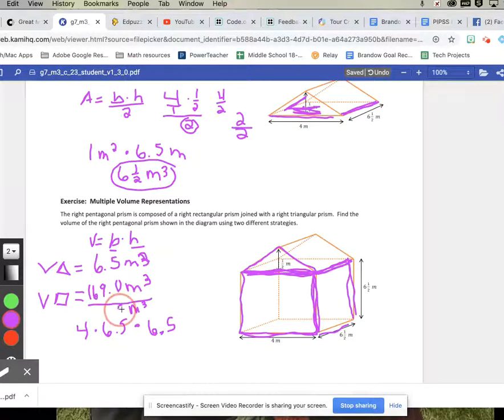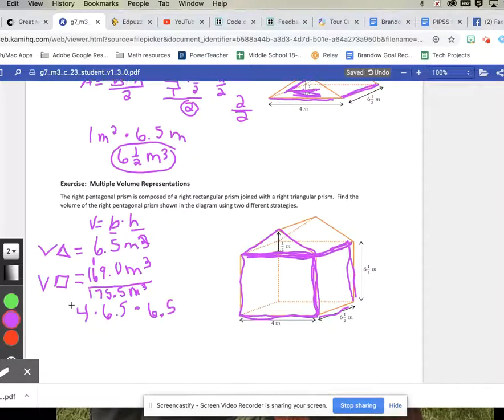So this would be 5 plus 0 is 5, decimal. 6 and 9 makes 15. And 6 and 1 is 7, 1. So one way is to find the volume of both pieces. So the volume of the whole thing is 175.5, or you could say 175.5 meters cubed. Okay, that's the first way.